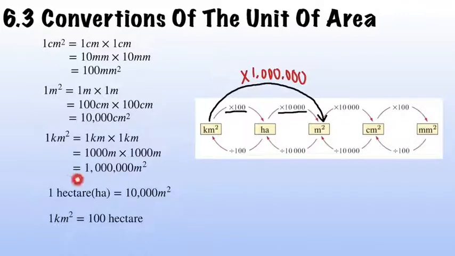So 1 km square equals 1 million m square, because you see here have 2 zeros, right? Here have 4 zeros, so total 6 zeros. So we need to times 1 million to convert km square to m square.